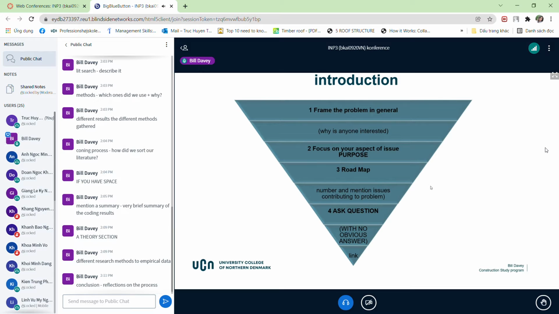So when you do this linking, you tell the reader what's going to happen next. That's basically it. It's not complicated. It's just a sentence. And you tell the reader what to expect in the next paragraph, or maybe in the next section. For you, it's the next paragraph in a short piece of work like yours.